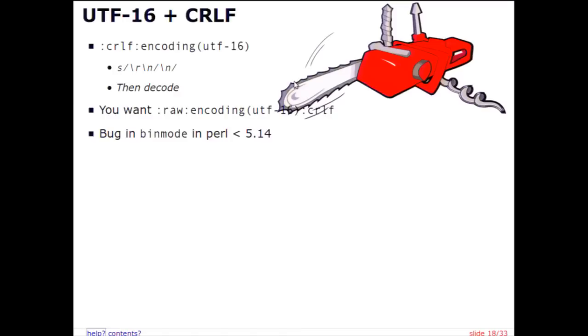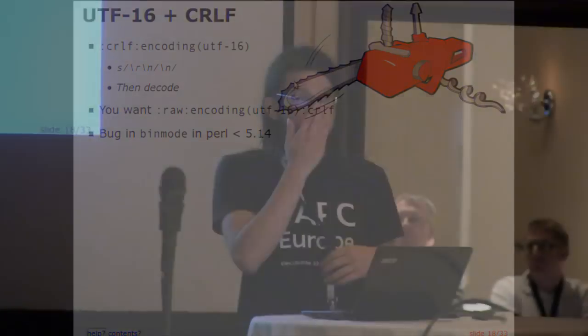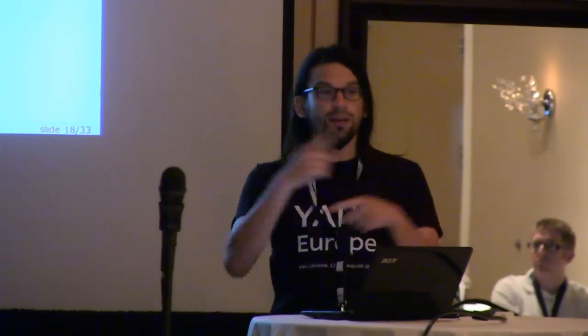Any other order is just broken. Worse yet, in older versions of Perl, this wouldn't even do the right thing on binmode. It would do the right thing on open, but not on binmode. Uniquely special.